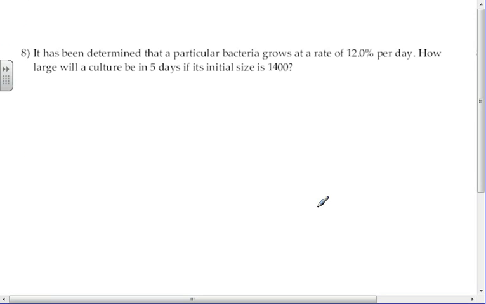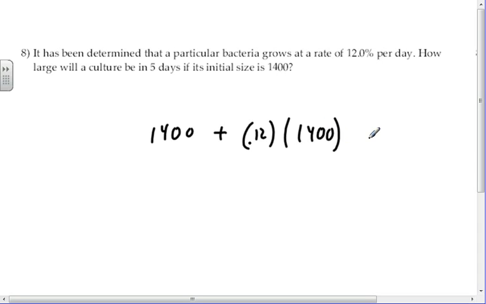It has been determined that a particular bacteria grows 12% per day. How large will the culture be in 12 days? Okay, so that'd be this plus 12% of that, plus, this has an answer.